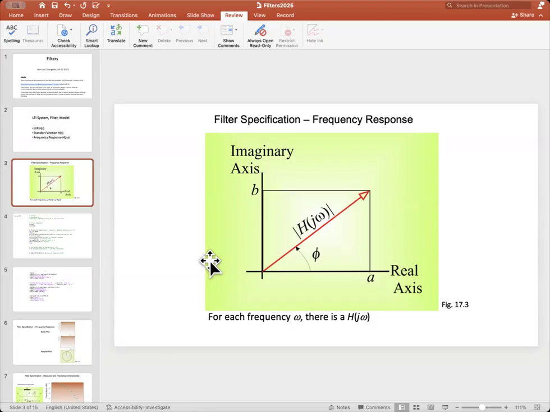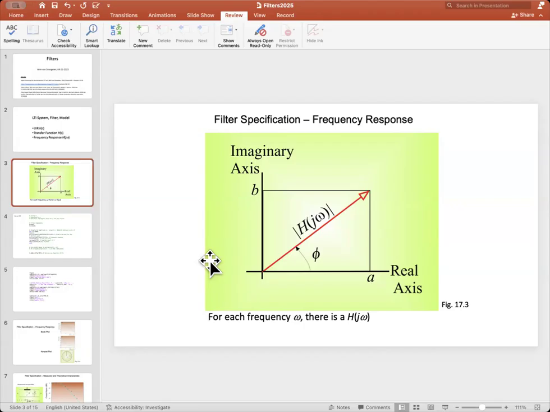That complex value is characterized by two properties: its size, |H(jω)| in between the absolute signs, and phase, in this case indicated by φ. And so we have that for every frequency. And if we describe what these values are for each frequency, we basically know what the filter is. If you know the expression, you can do the inverse Fourier transform, and you will get the unit impulse response.